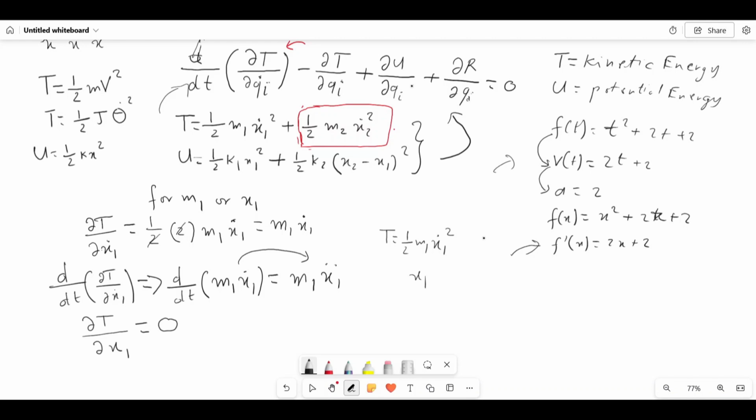If you look at this expression, do you have x1? You don't have x1. You only have x dot 1. That's what I was saying. When it comes to this formula, all kinetic energy you'll be having will always have a dot. So you don't have to bother yourself about this part here. It will always be 0, because there is no expression in the kinetic energy that simply has x1 like this. Is it making sense?